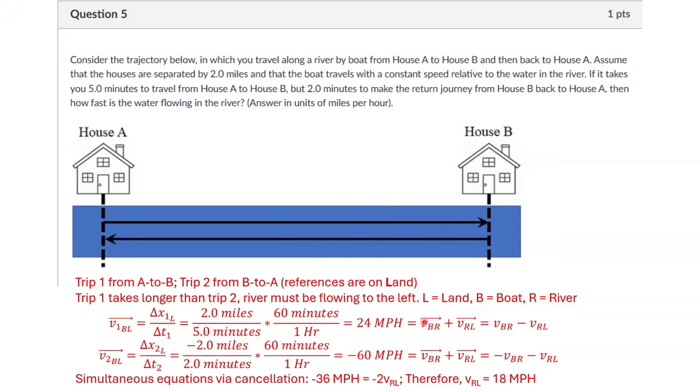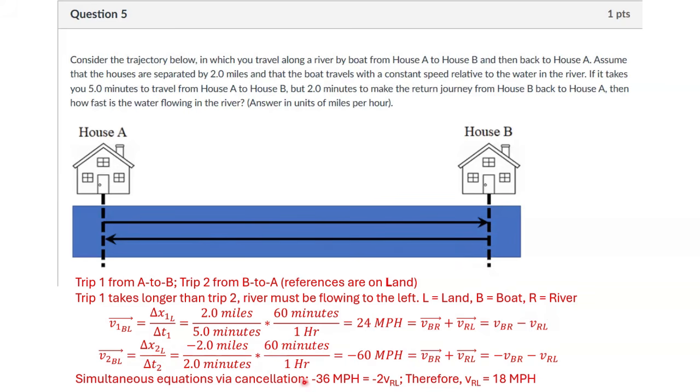So then we go from vector form to speed, and we say that, okay, we know that the river's flowing to the left, and in the first journey, we know that the boat was traveling right. So the velocity of the boat relative to the river must have been a speed that pointed right, minus the speed of the river, which is the magnitude of this velocity, which must have pointed left.